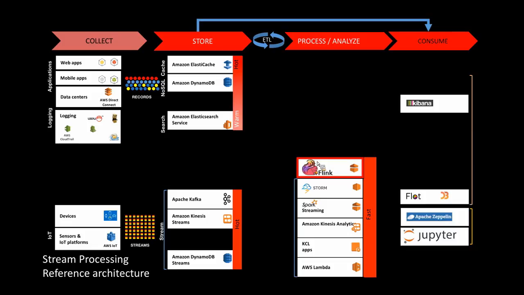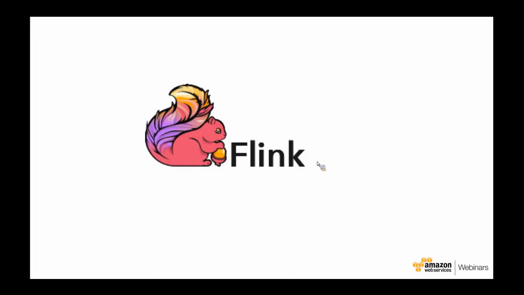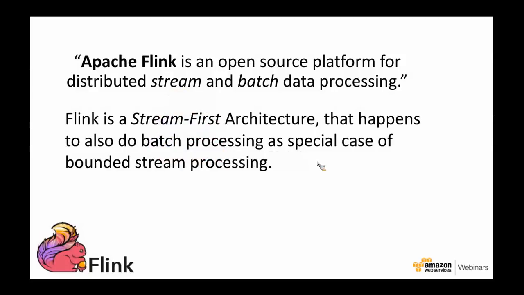It was put into the Apache project in 2014, and so it hasn't been around as long perhaps as Spark and Storm, but it shows some interesting differences, and we'll drill down into those shortly. But Flink is what we're going to focus on now. By the way, Flink I believe is German for fast, so that's where they got the name, and they chose a quick squirrel, I guess, as the mascot.